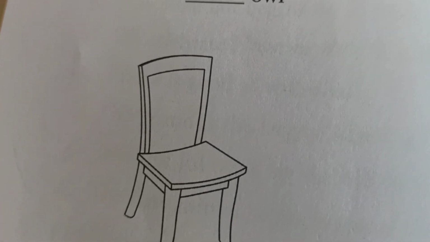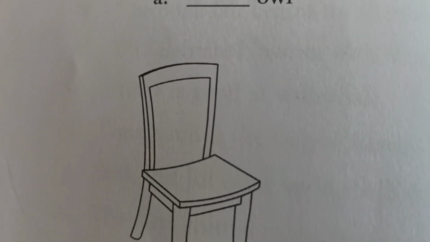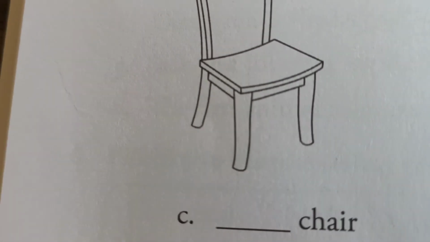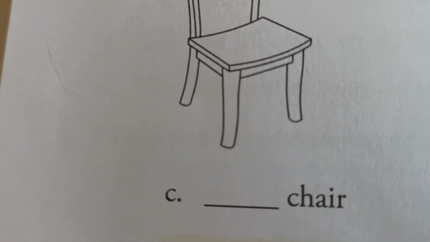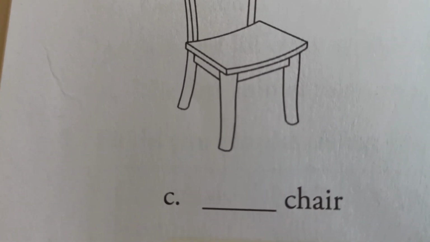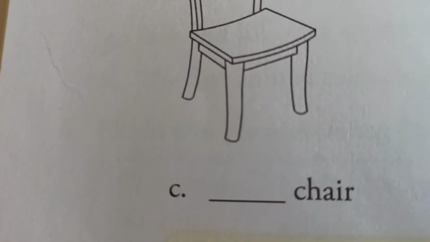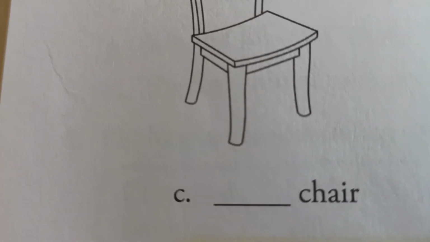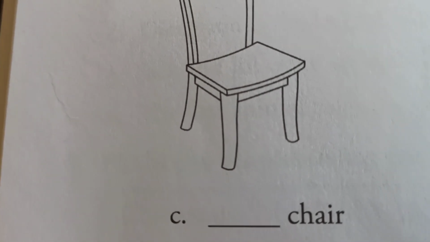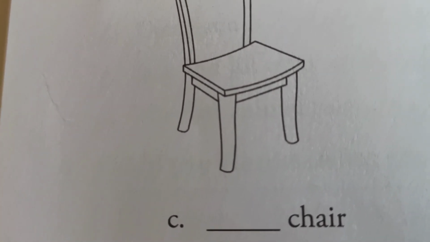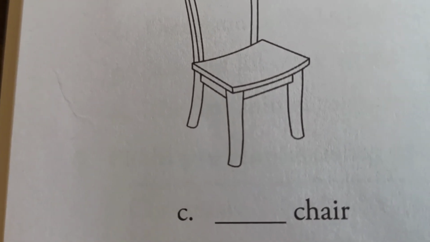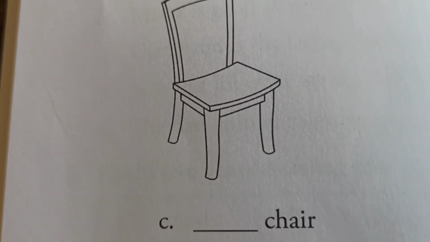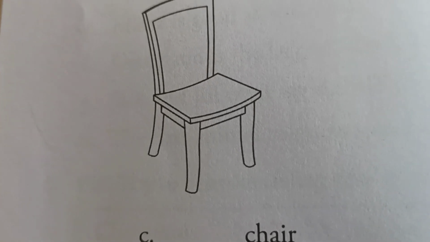Which picture is this one? Chair. C-H-A-I-R. Chair. How do we write here? A chair. We write here a, because C is a consonant. Okay. A is used before words starting with a consonant sound.